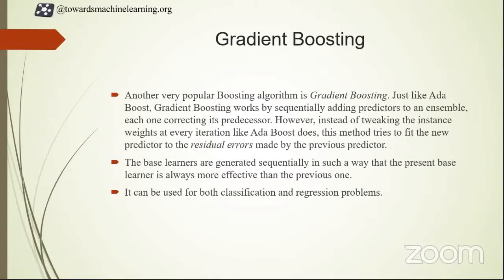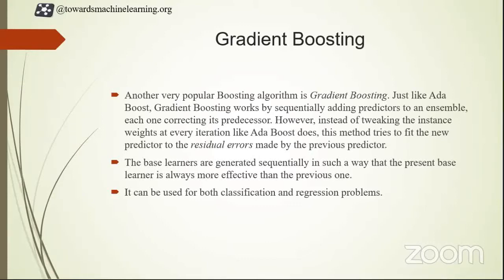So let me tell you that gradient boosting relies on the intuition that the best possible next model, when combined with the previous models, minimizes the overall prediction error. As we combine all the models together, they tend to minimize the overall prediction error at the end.